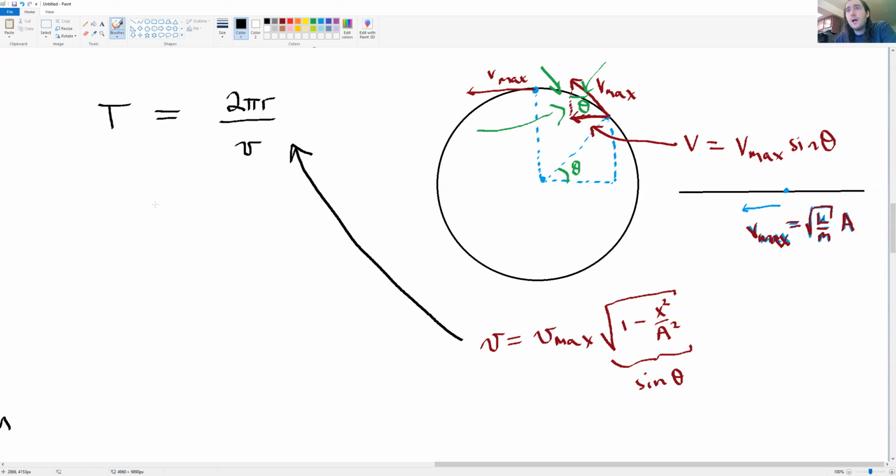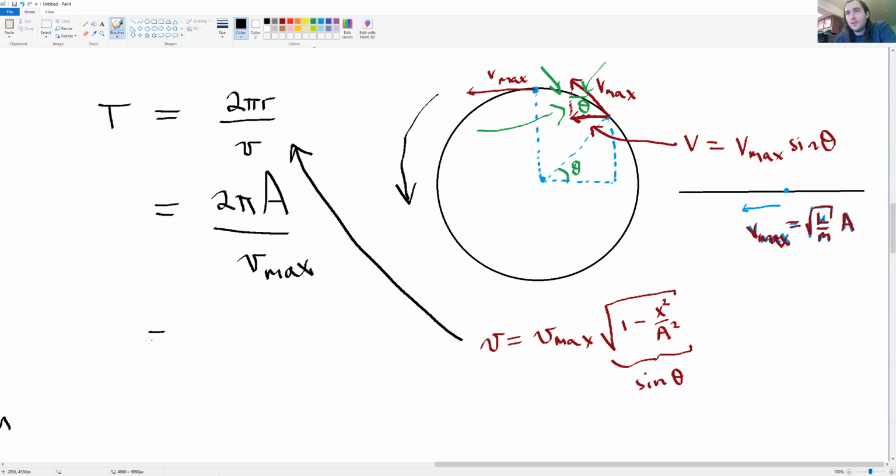So the period is 2 pi times the radius of the circle, which is A in our case, and then we have to divide that by V max. Why V max? Well, because we go around the circle with a speed V max. The total distance we go around the circle is 2 pi times the radius, or 2 pi A, and the speed that we go around the circle is V max.